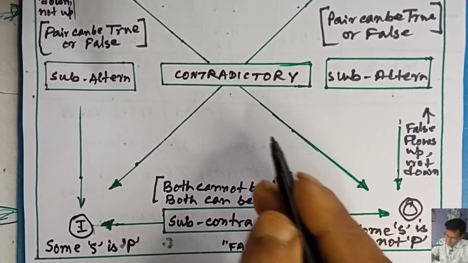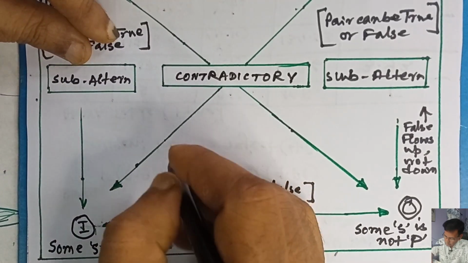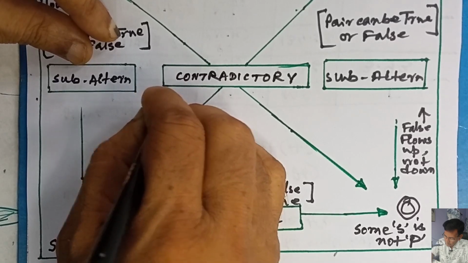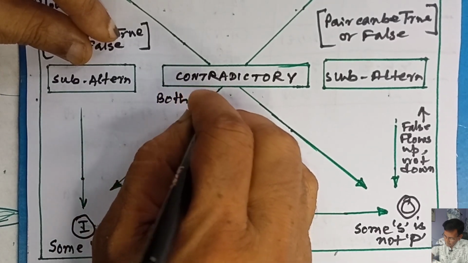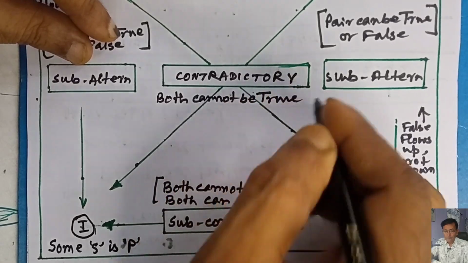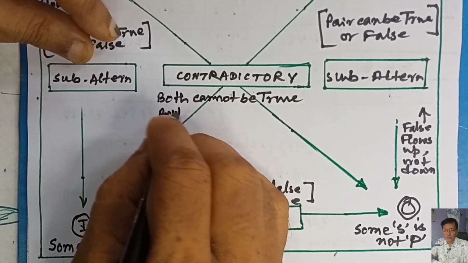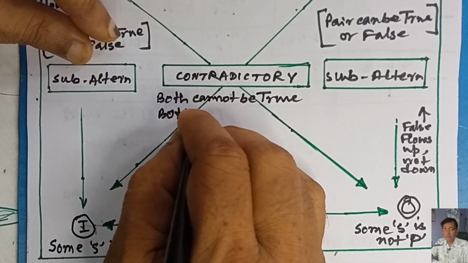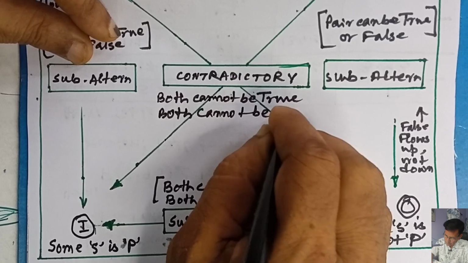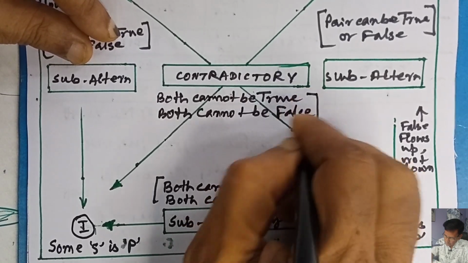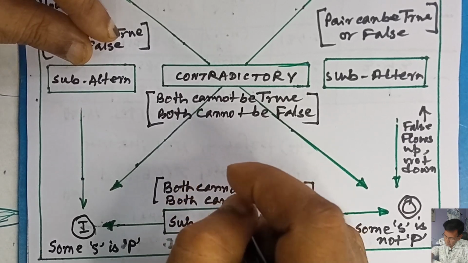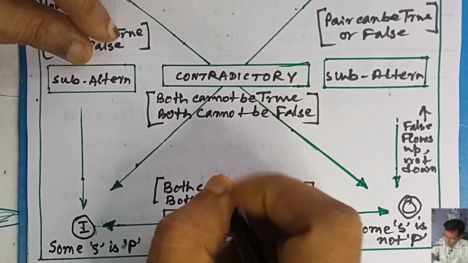And in contradictory relationship, both cannot be true, both cannot be false. That is, if one proposition is true, then the other is false.